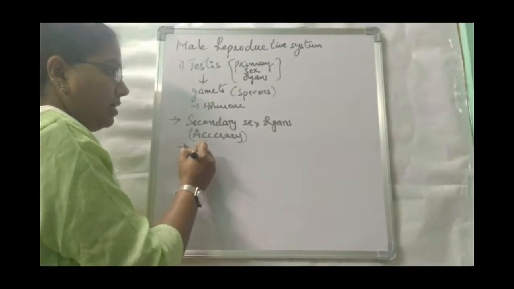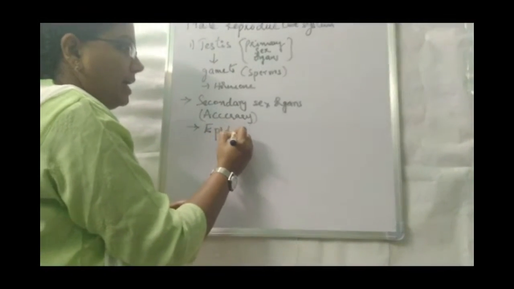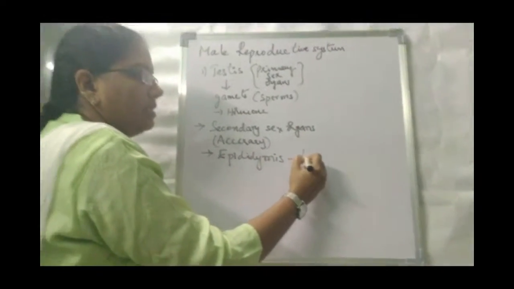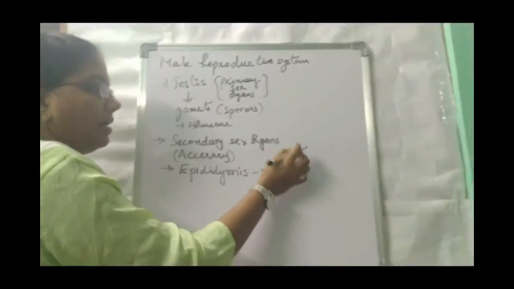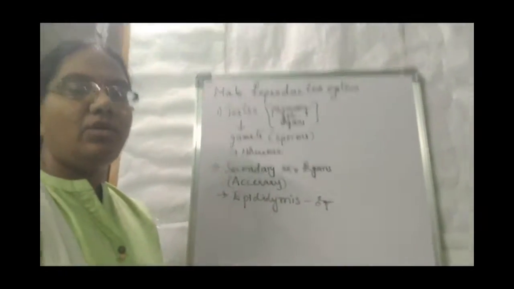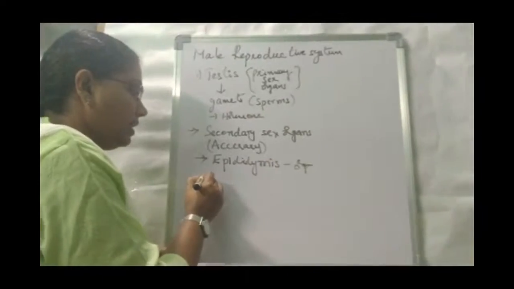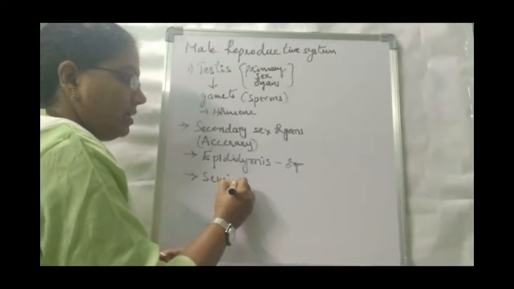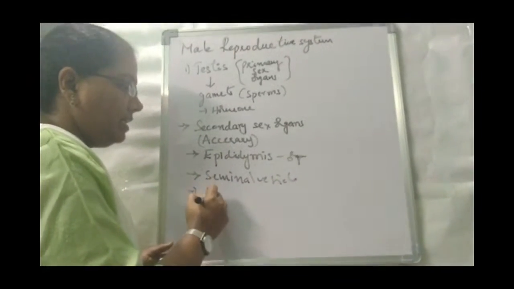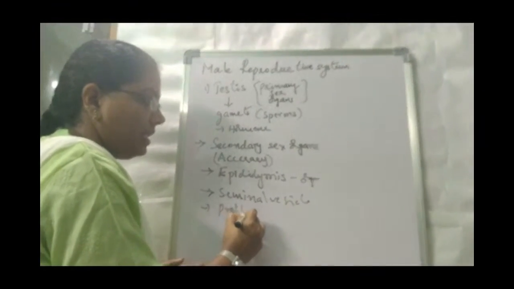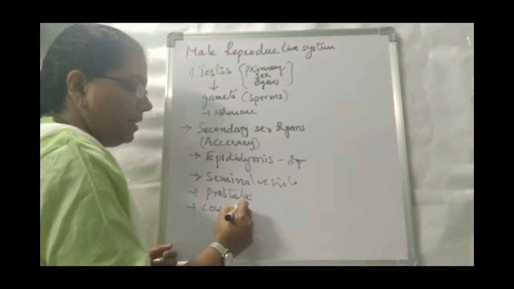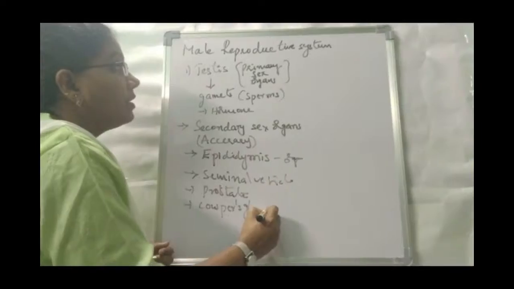The organ is the epididymis. And some glands also play a major role in the reproductive process. The glands are the seminal vesicles, the second gland is the prostate gland, and the last one is Cowper's gland.